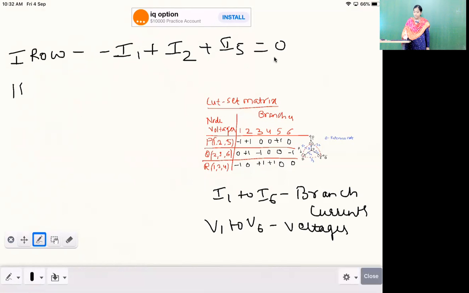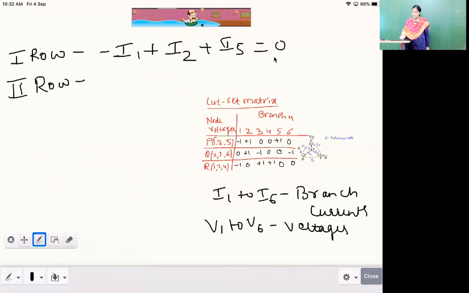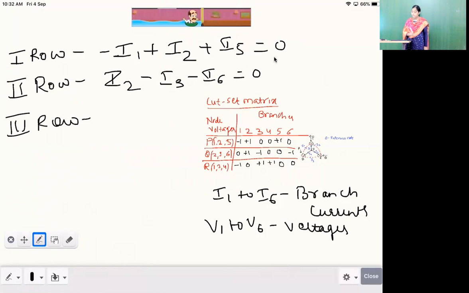Coming to the second row, I am getting I2 - I3 - I6 = 0. Similarly, for the third row, my equation will be -I1 + I3 + I4 = 0.